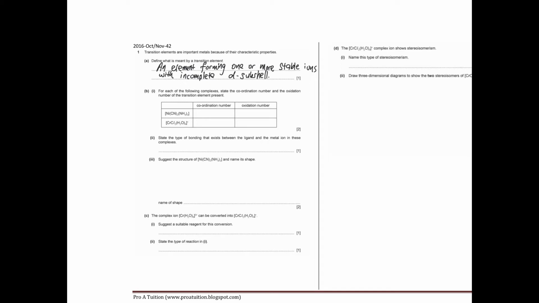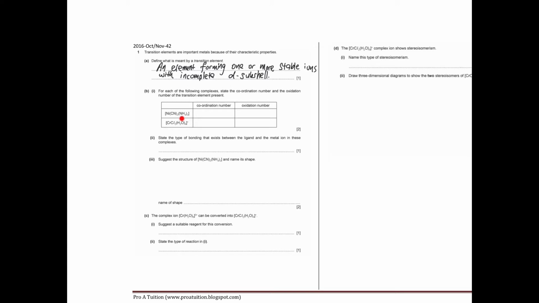Now let's see B part 1. For each of the following complexes, state the coordination number and the oxidation number of the transition element present. Coordination number means how many dative bonds. Cyano is monodentate, so 2 cyano means 2 dative bonds.